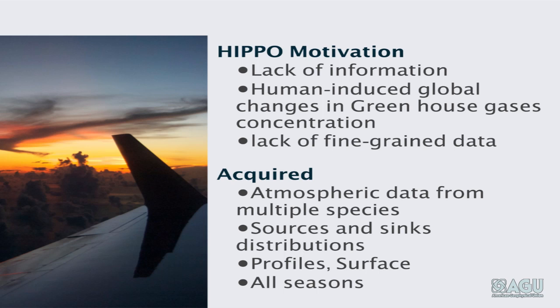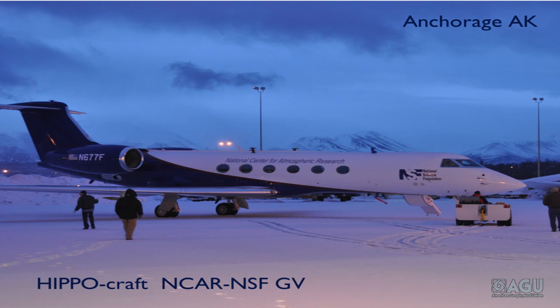We did profiles, like I said, from 47,000 feet all the way to ground level, and to try to relate this to the climate history of these chemical species, we did the measurements at different seasons. And this is the aircraft that we use. I think Alison has a better picture later on.